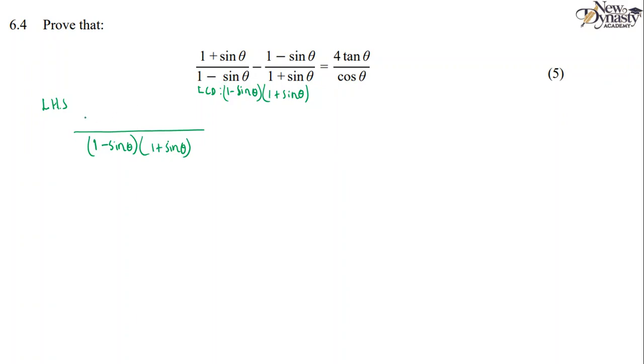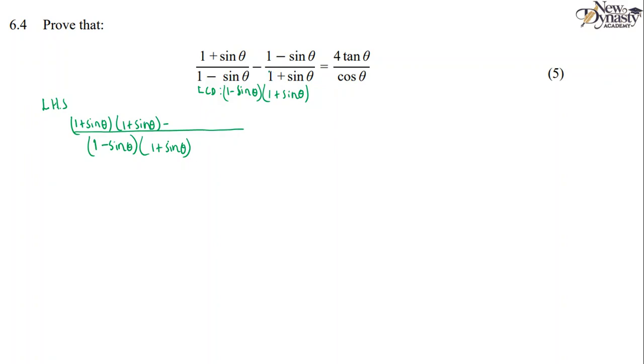Then you multiply it with the numerator, which is 1 plus sine theta. So you're going to have 1 plus sine theta multiplying the 1 plus sine theta that was left when we cancel out. Then there's a minus sign in between the terms. So you go to the next fraction, which is 1 minus sine theta over 1 plus sine theta.